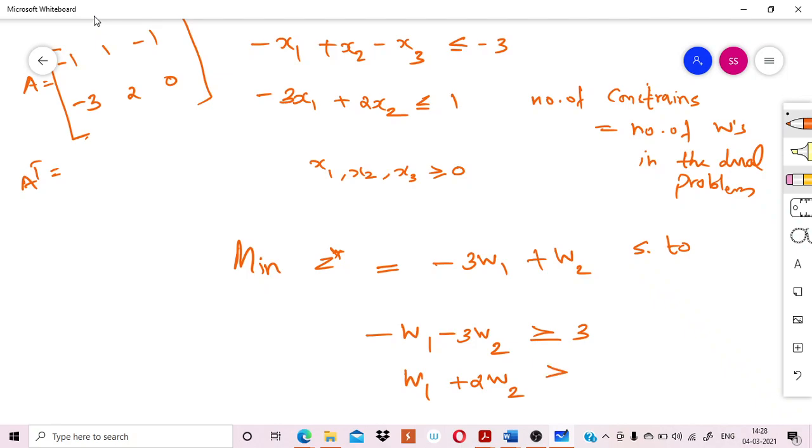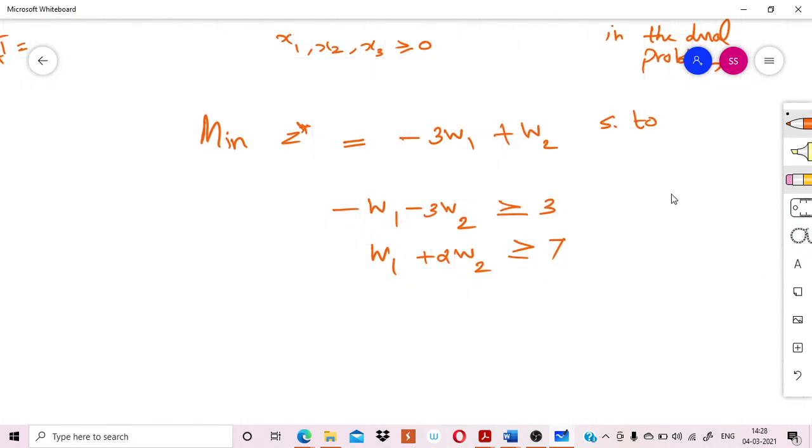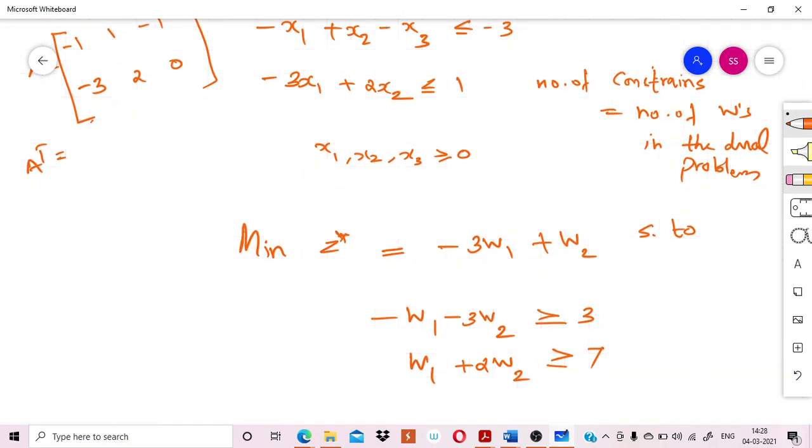That will be greater than or equal to, the x2 coefficient, that is c2, that is equal to 7. And finally we have the last thing, that is minus 1, 0, the last column.